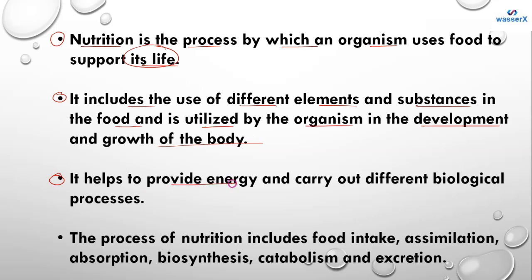It helps to provide energy and carry out different biological functions or processes. Here we have the process of nutrition that includes food intake, assimilation, absorption, biosynthesis, catabolism and excretion. So these are the processes that basically happen, right?